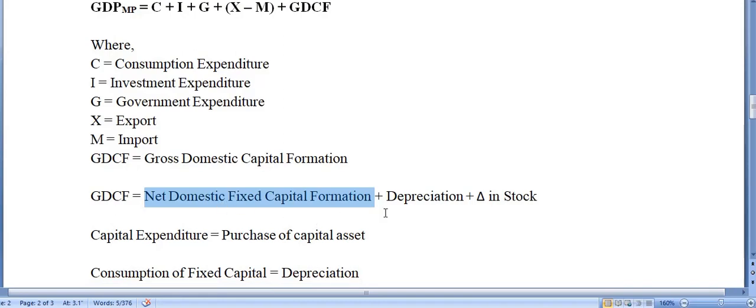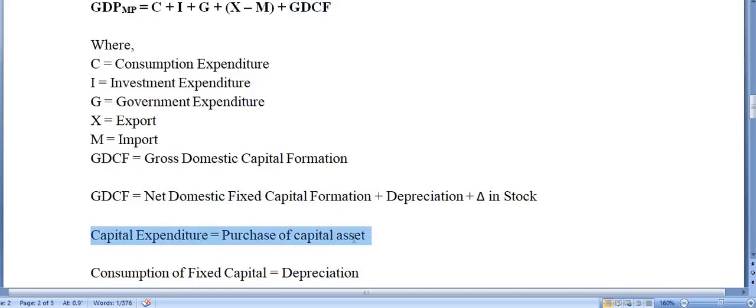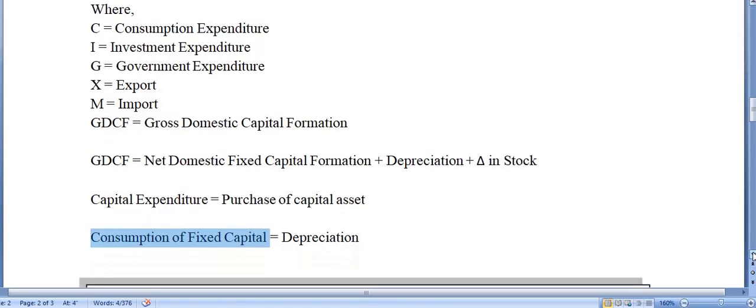So in net you must add depreciation and change in stock, then you will get the GDCF, which is part of the formula. And capital expenditure actually means the purchase of capital assets, that is your investment expenditure. Sometimes depreciation is also referred to as consumption of fixed capital. So remember this part.